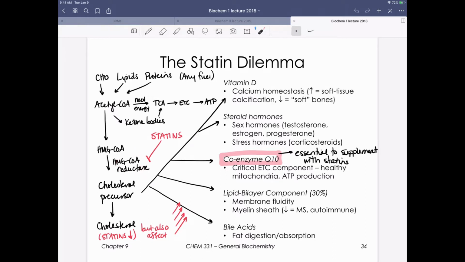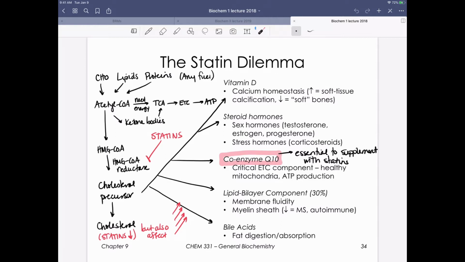So HMG-CoA reductase is inhibited by statins, and we thus do not convert HMG-CoA into a cholesterol precursor. When we study lipid metabolism next semester, we'll talk more about this cholesterol biosynthesis pathway. But if you block this pathway onto the synthesis of this cholesterol precursor, then you also obviously decrease the synthesis of cholesterol.